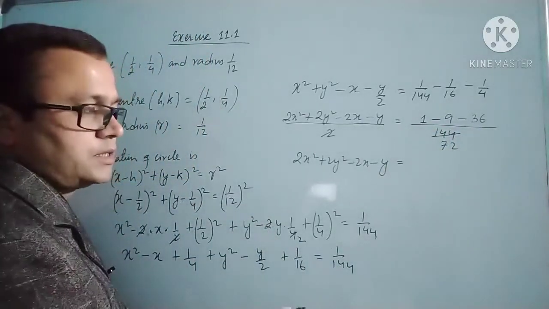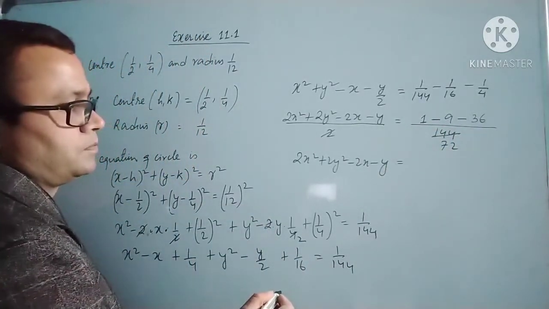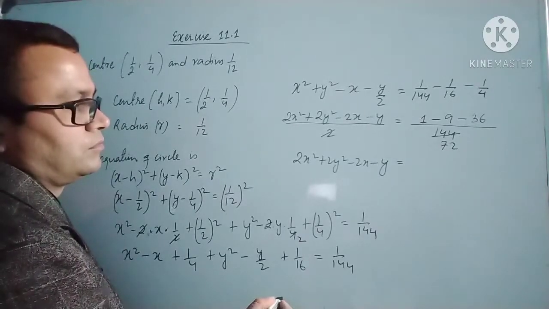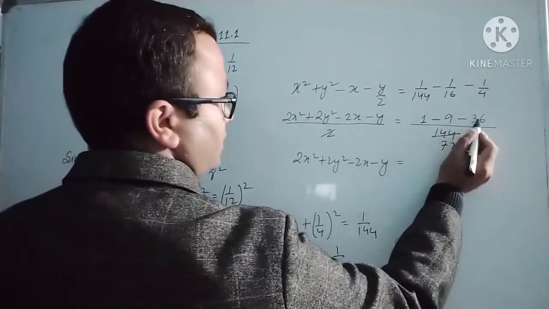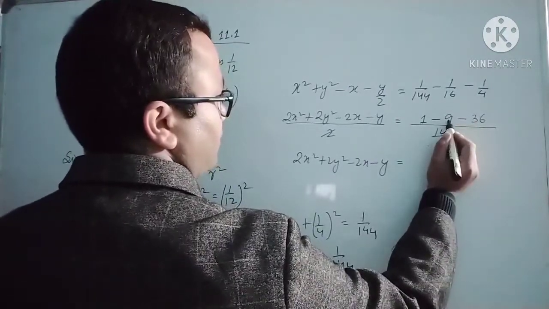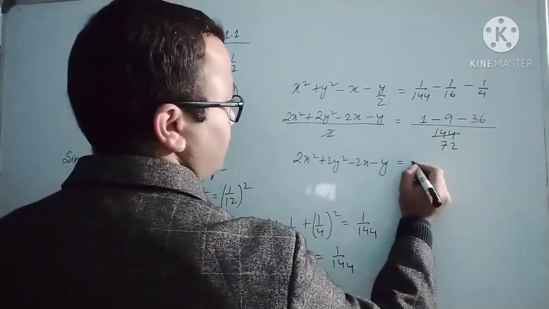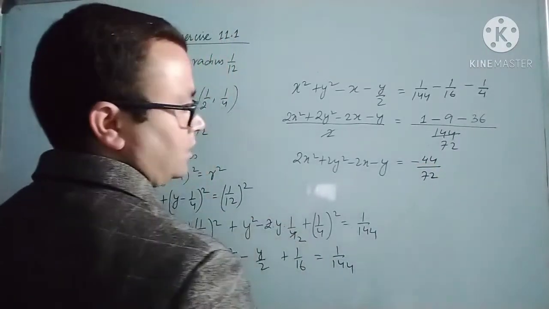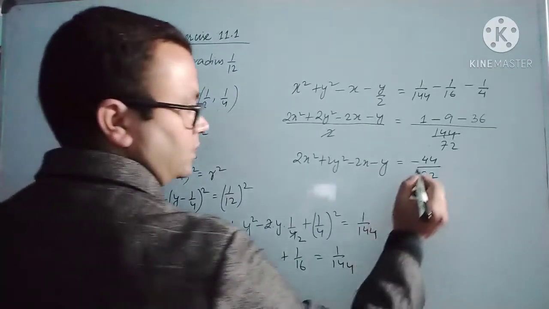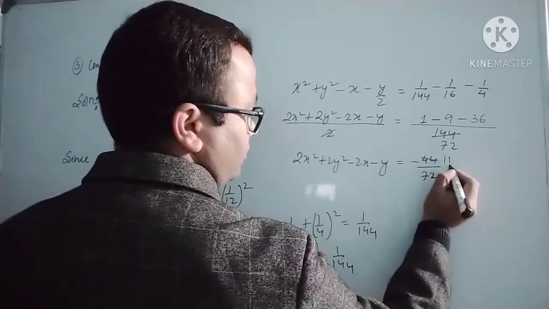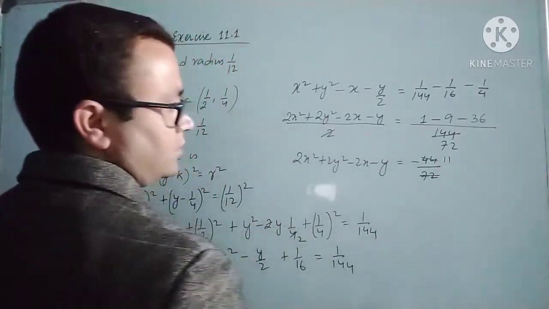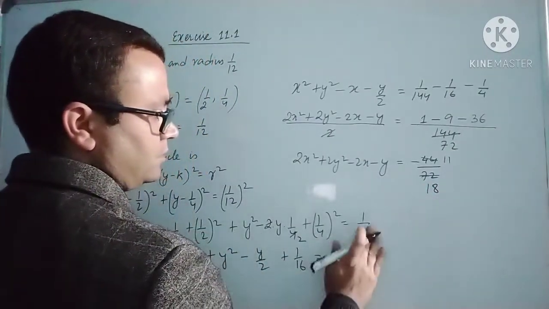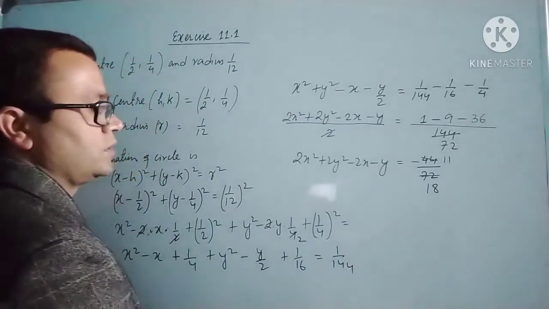minus 8 minus 36, minus 36 minus 9 is minus 45, minus 45 plus 1 is minus 44 by 72. Now 4 into 11 is 44, 4 into 18 is 72.